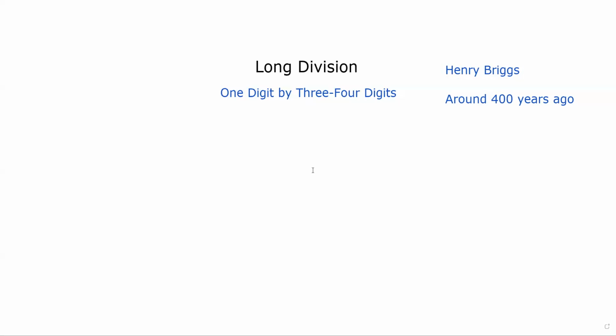Now, division is a process or a method that occurs between two things. First we have something called the divisor, and we have something else called the dividend.